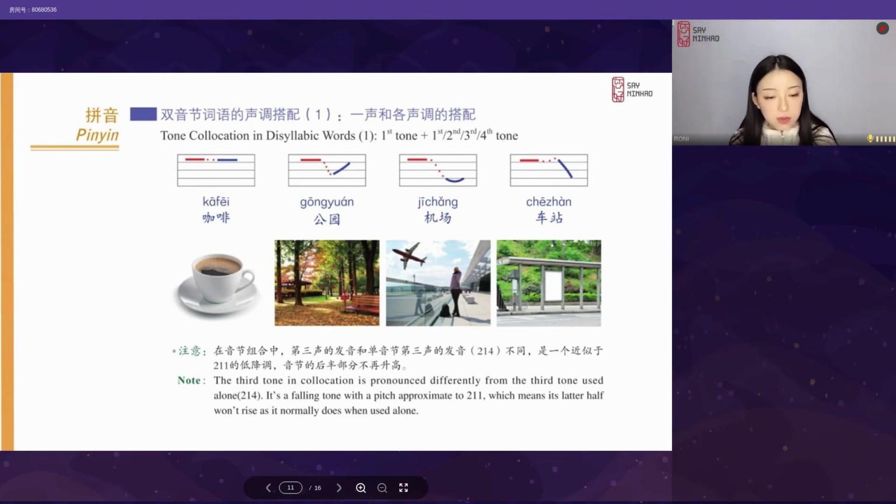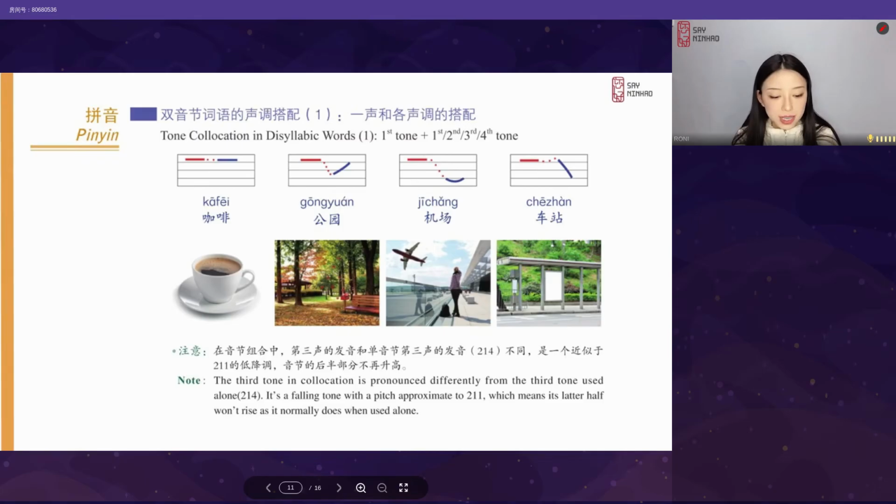So if you can read them properly, you can read Chinese really smooth.